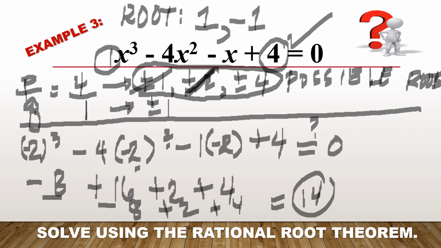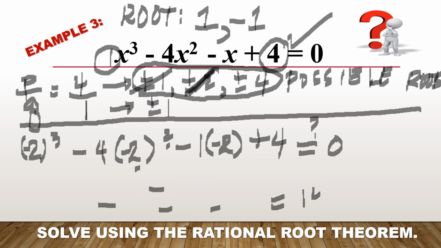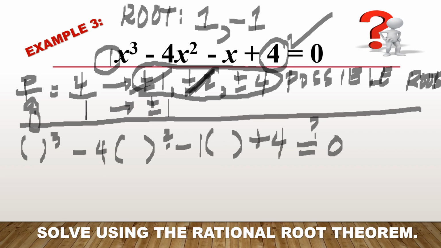And finally, let's sub 4. So let's erase this, and let us change the values of x to 4. Change now to 4 and find out whether it will give us 0. So let's have 4 here, 4, 4. 4 cubed, what is 4 cubed?